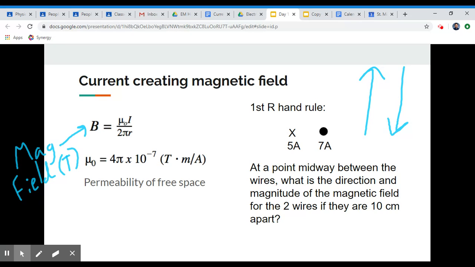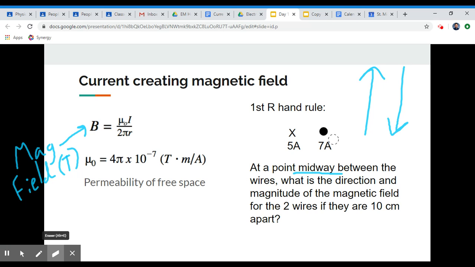However, we're talking about a point that is midway between these two wires, right in the middle. So you're not actually going to use 10 centimeters. You're going to want to use 5 centimeters because that's where you're calculating the magnetic field. If I were asking you to solve for the magnetic field of this wire on this wire, then you would use the 10 centimeters. But we're looking at a point right in between, so we're going to use 5 centimeters.